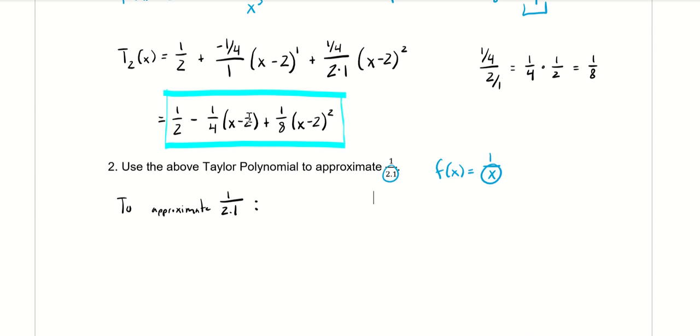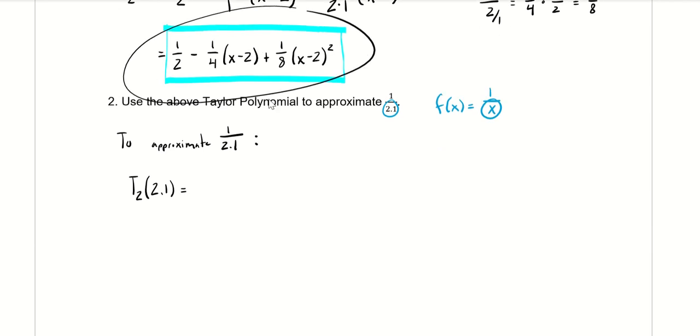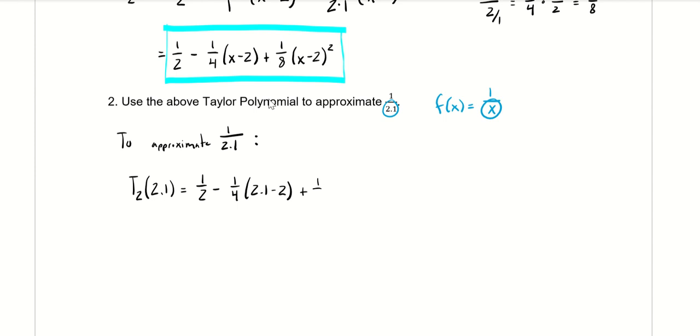So that means in our Taylor polynomial, every place we see an x, we're going to replace it with 2.1. So using this, I have 1/2 minus 1/4 times 2.1 minus 2 plus 1/8 times 2.1 minus 2 squared. And if I calculate that, I get 0.47625.